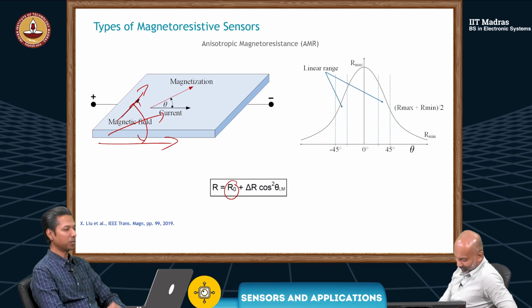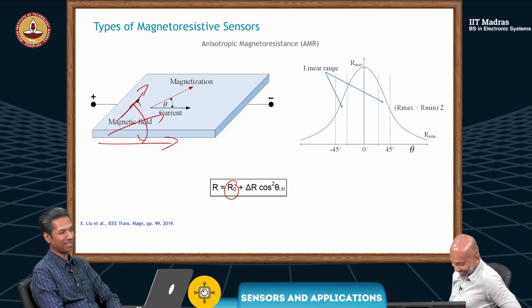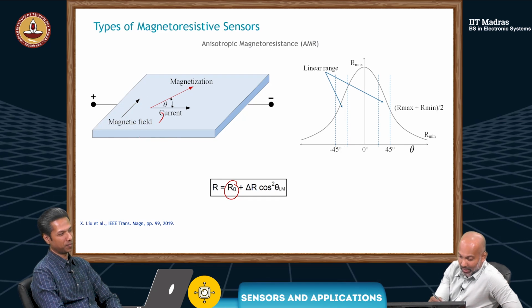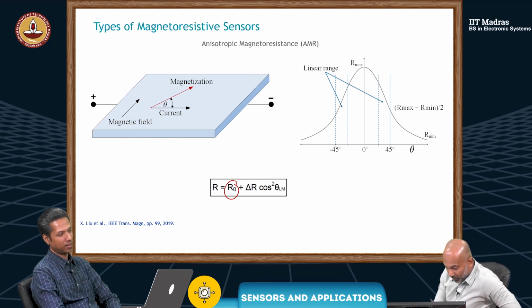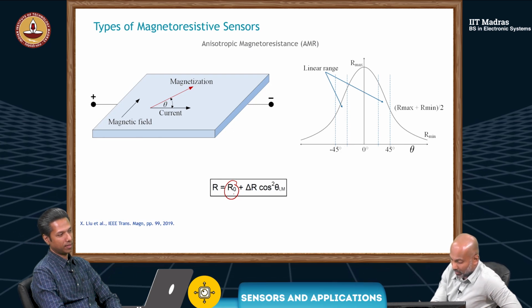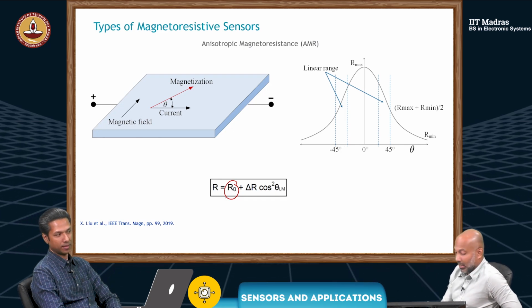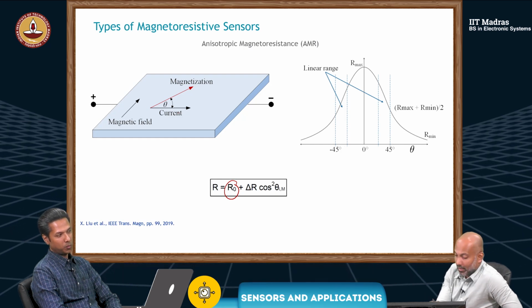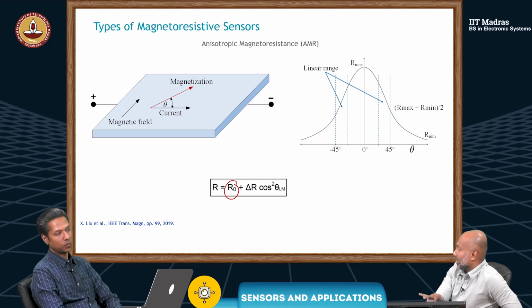From the way you are saying it, it seems it has some dependence. In fact, the change in resistance is a factor between the current and the angle of the magnetization.